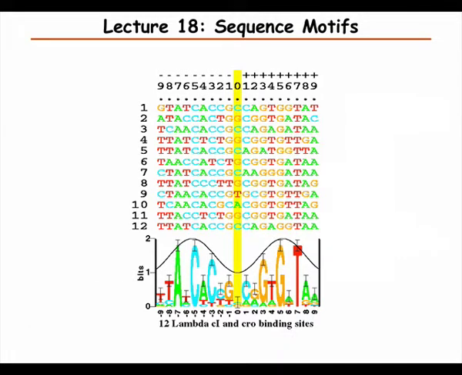Again, we're back to sequence analysis, now looking at sequence motifs. Here we've taken out a reasonably well-conserved region, and we want to look at exactly which bases are conserved and which are not. One way that this is often done, which is very illustrative, is showing a sequence logo of this region.